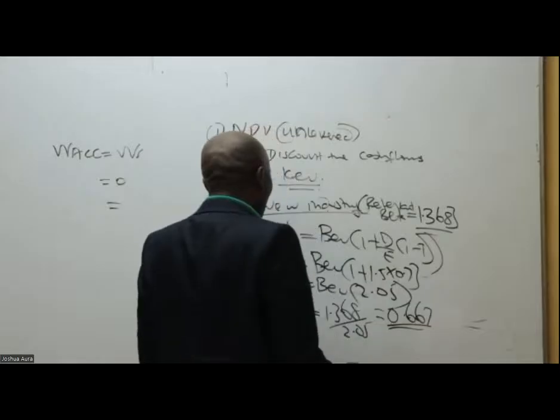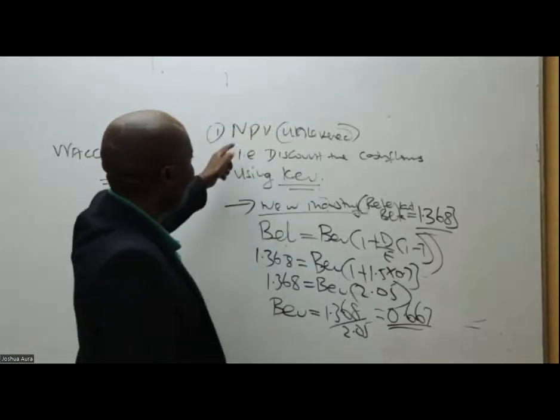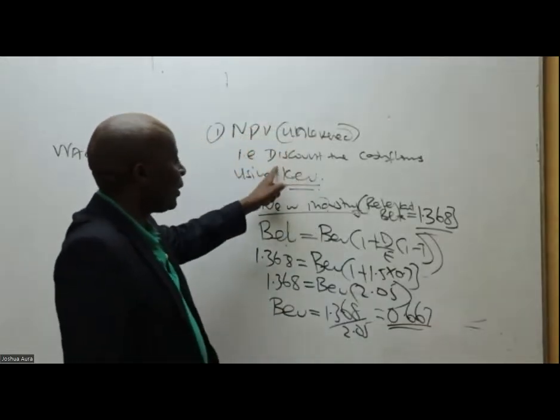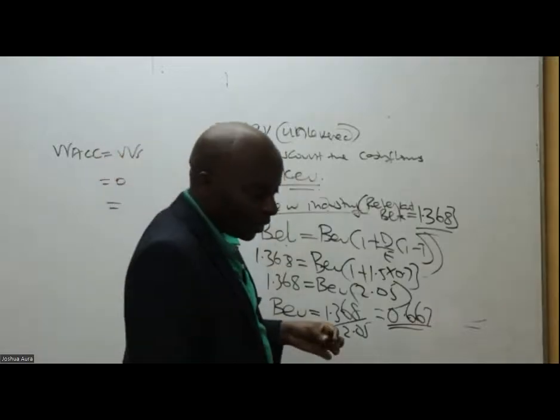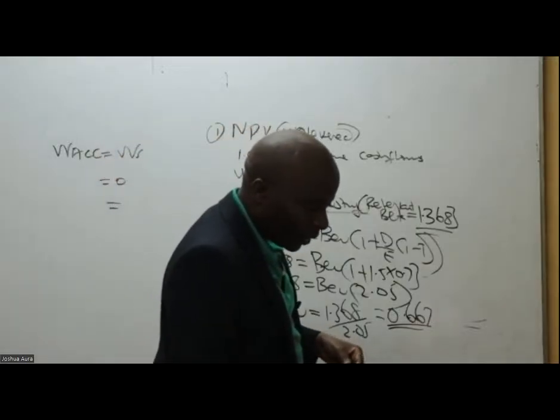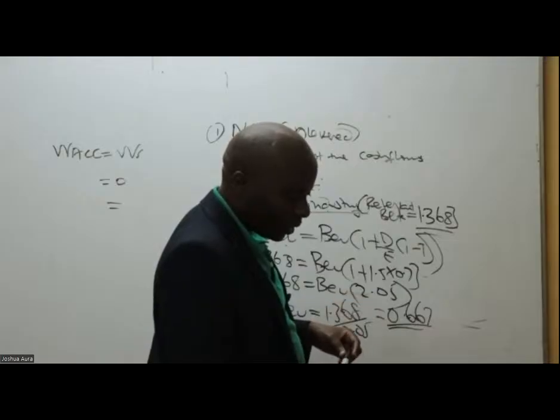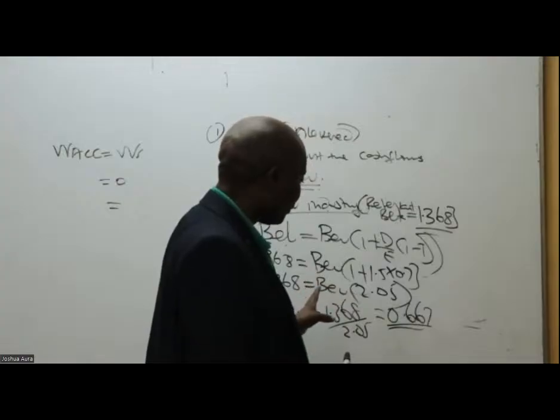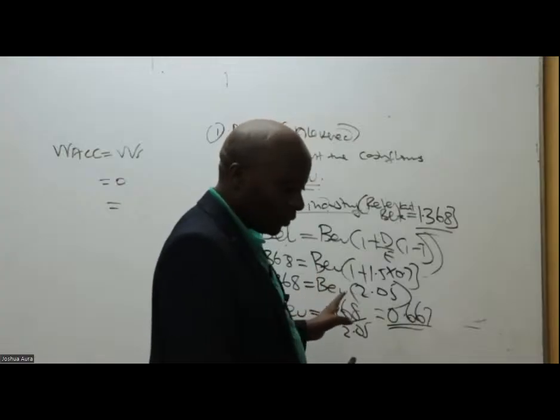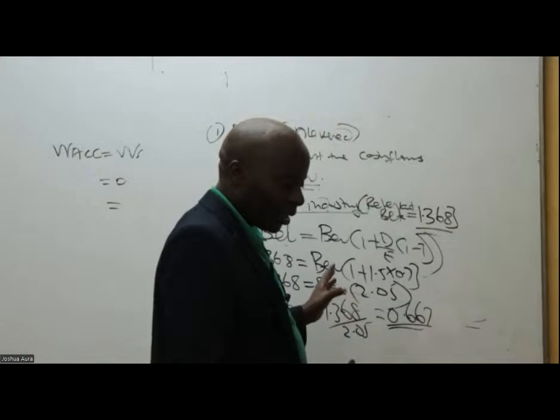So now, this 0.667, I'm being told it is correct. Beta equity of the unlevered firm, I'm being told the figure is okay.